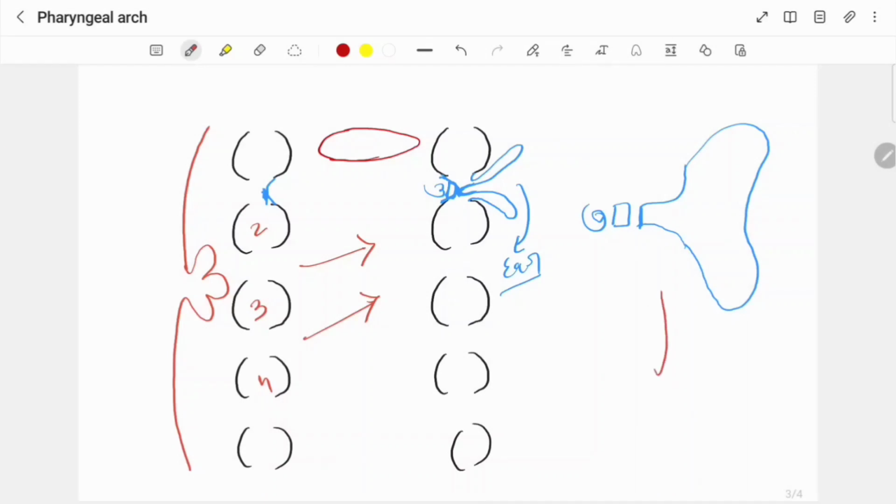I will draw over here for the second, third and fourth pharyngeal arch. So they just pinch out toward the inner side. What happens with development? Septa will form over here and over here also. So this is your second, third and fourth, and here you have septa. So let's zoom out this picture.